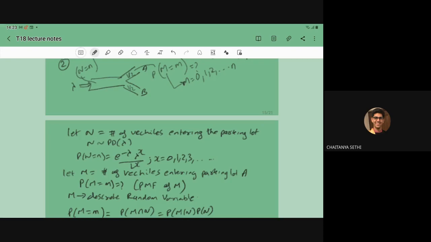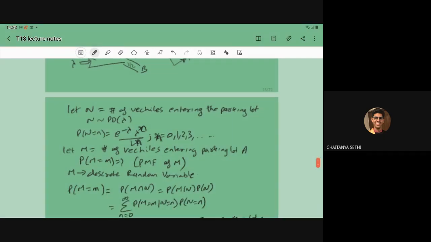So N follows a Poisson distribution with parameter lambda, and you know its standard probability mass function: probability N is equal to n is e to the power minus lambda, lambda to the power n divided by the factorial of n, where n can take any value 0, 1, 2, 3, and so on.